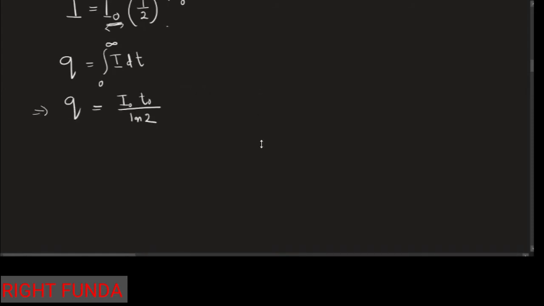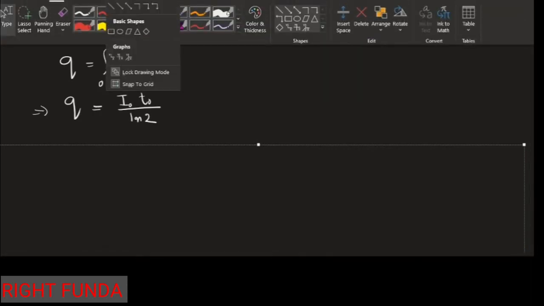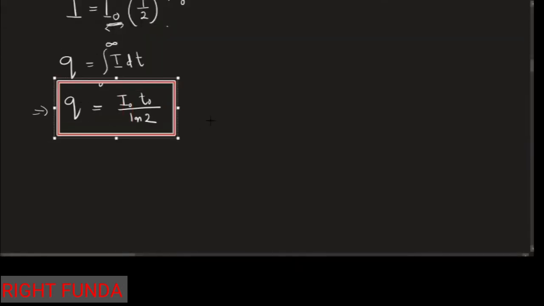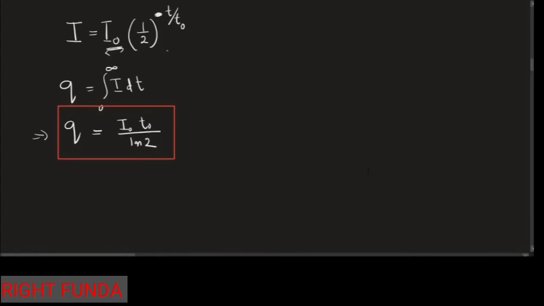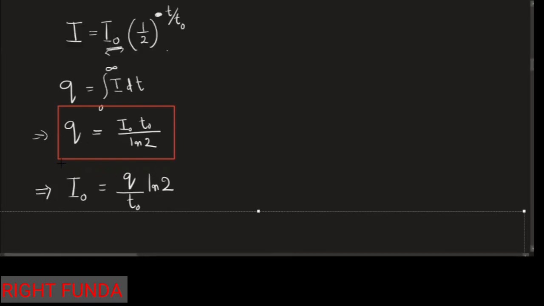If you integrate, we get Q = I naught t naught ln 2. This is the total charge flown during this time. From this Q, I can calculate I naught: I naught = Q by t naught ln 2. This is another result obtained, and I'll substitute this value here.